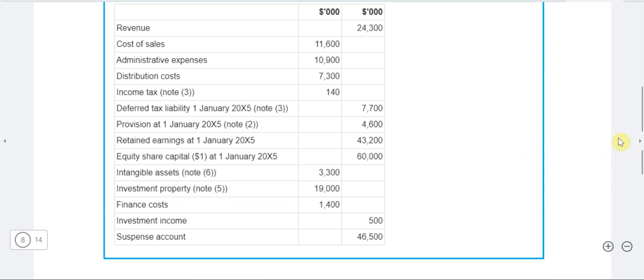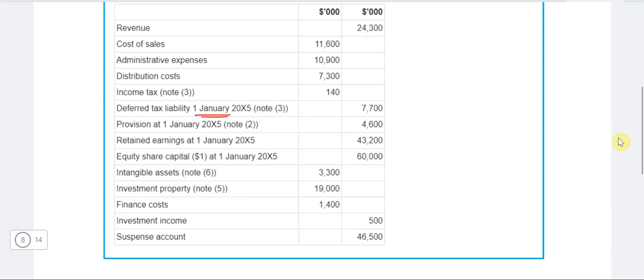We take the revenue less cost of sales, we get the gross profit, then we have the administrative expenses, then we have the distribution cost, and then we have the profit or loss from operations, then we have the finance cost, investment income, then we get the profit before tax, and then we have the taxation, and then we get the profit or loss for the year.